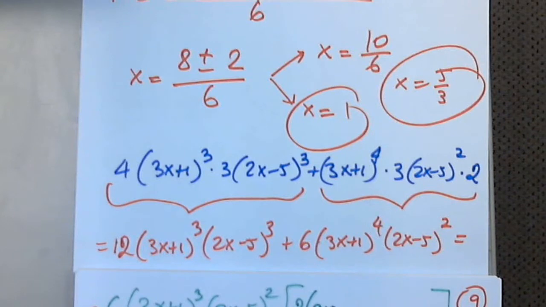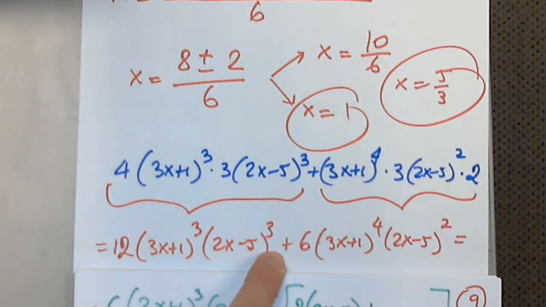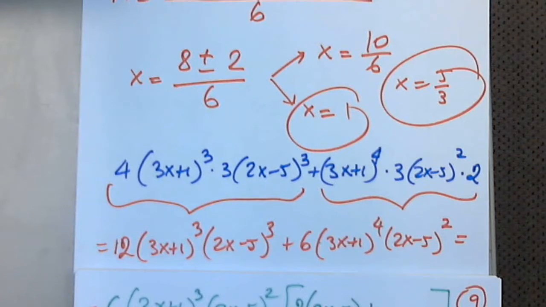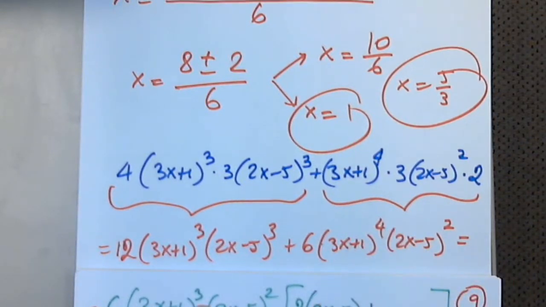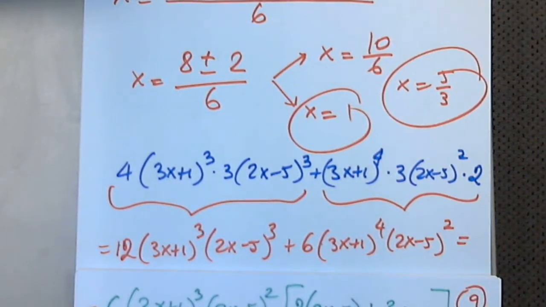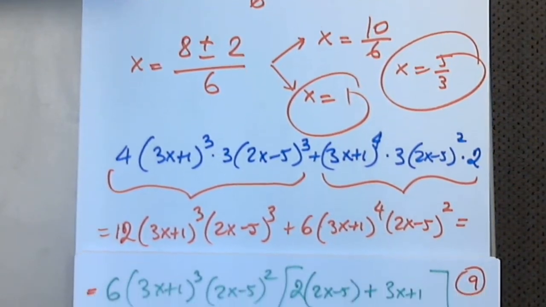One of them, (2x minus 5). Plus, I mean right here. 6, from 6 I took 6 out. Is there anything left? No. From (3x plus 1) to the 4th power, I took 3 of those out. Is there anything left? Yes. And from (2x minus 5) squared, I took all of them out. Is there anything left? Nope.